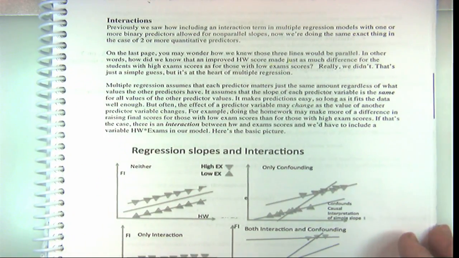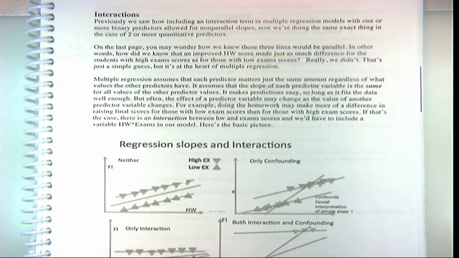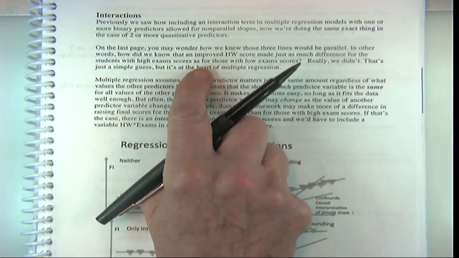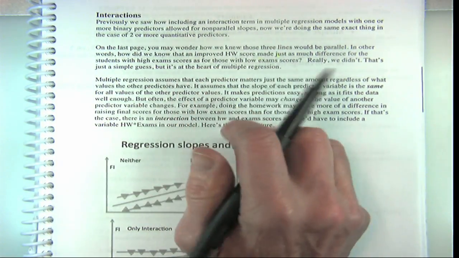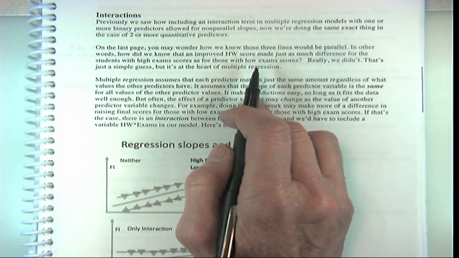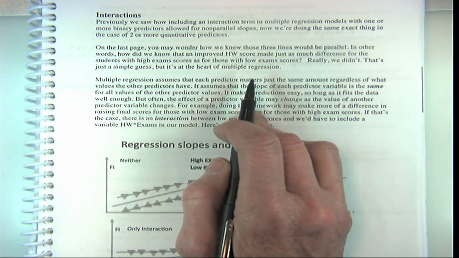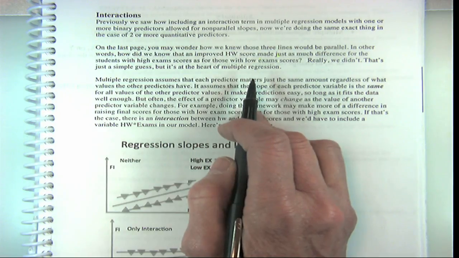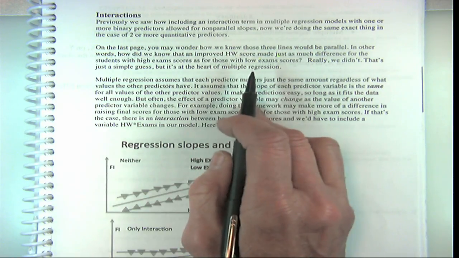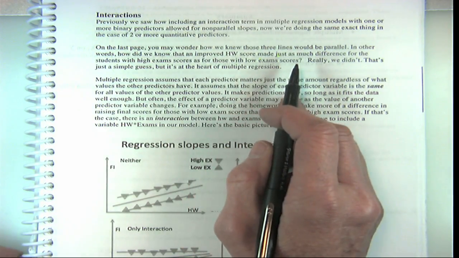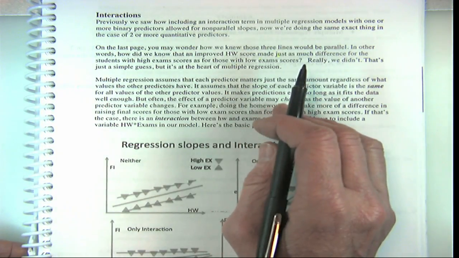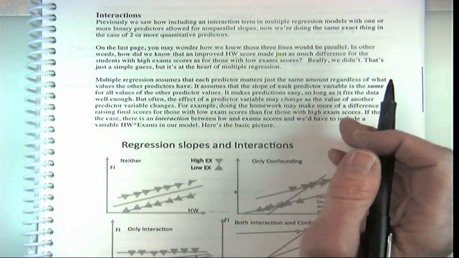We talked about interactions before. But you're probably wondering, like in this last page, how did I know that the three lines would be parallel? In other words, how did I know that an improved homework score would make the same difference whether you did well on the exams or poorly on the exams?